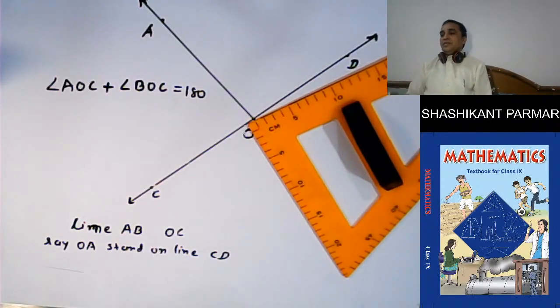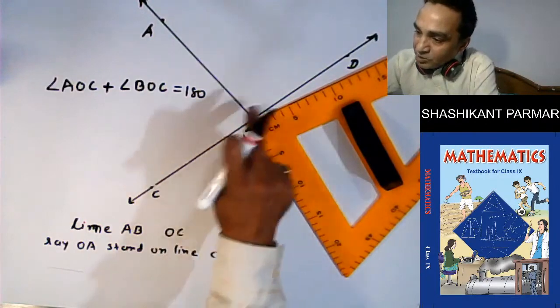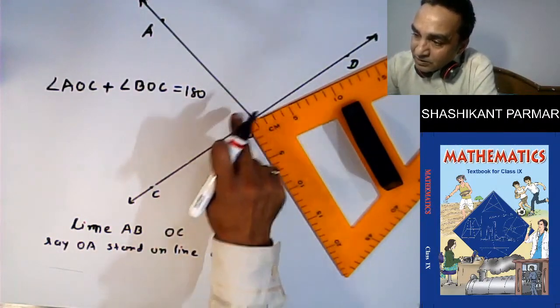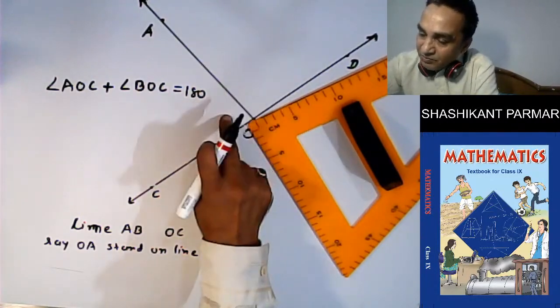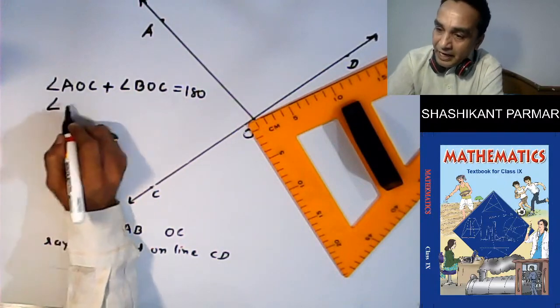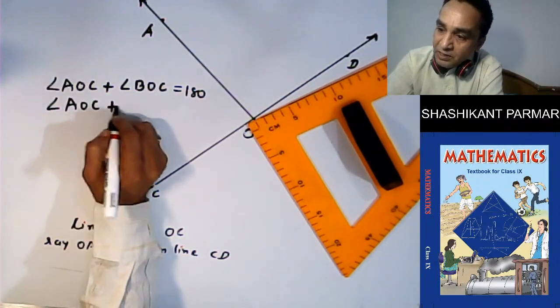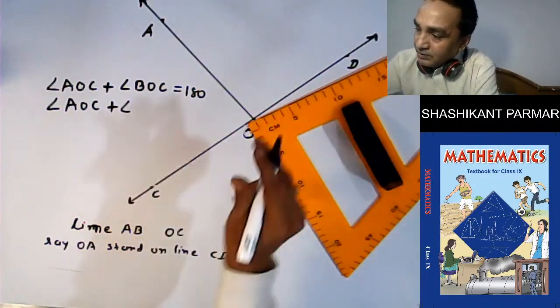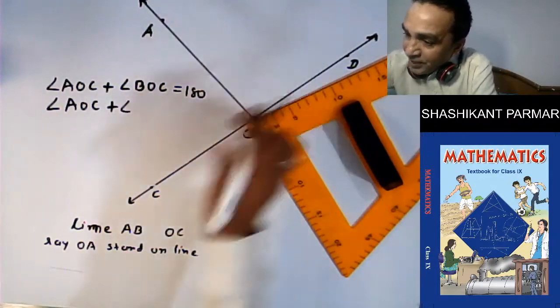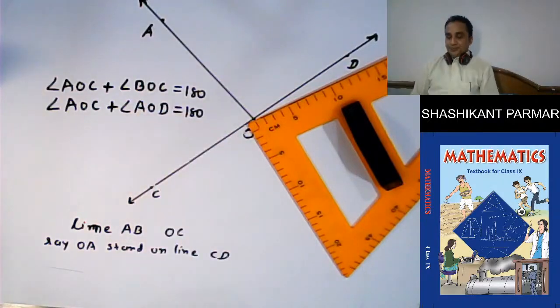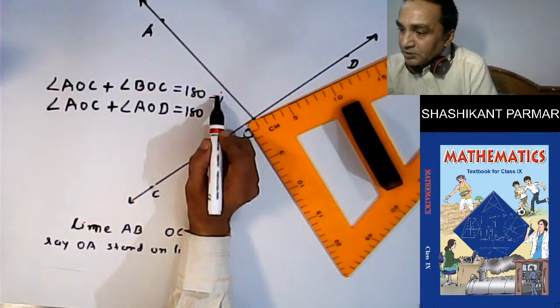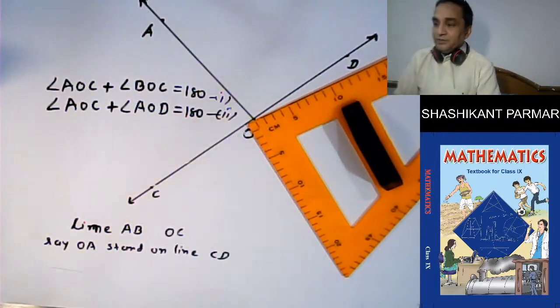So again, from the axiom first, these two angles are adjacent angles and the sum of these adjacent angles will be 180. So again angle AOC plus angle AOD is equal to 180. Say this is first and this is second.